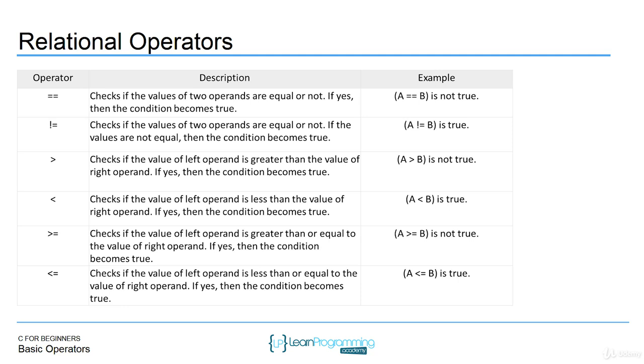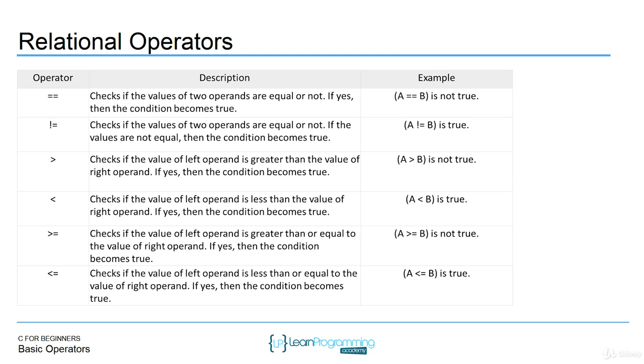If A is true and B is true, then that's going to return false because they're equal. So A would have to be false or B would have to be true, or vice versa, and that would return true. The greater than symbol is checking whether or not A is greater than B. Less than symbol, A is less than B. Greater than or equal, and less than or equal.